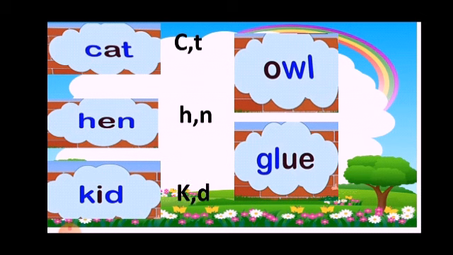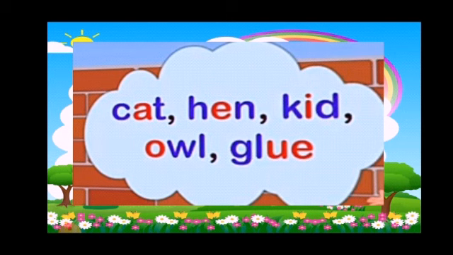O-W-L, owl, here W and L are consonants. G-L-U-E, glue. Here G and L are consonants. So students, in cat, hen, kid, owl and glue, A, E, I, O, U and E are vowels and C, T, H, N, K, D, W, L, G, L. These are called consonants.